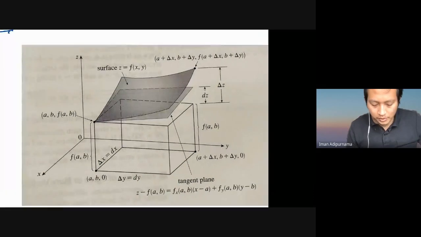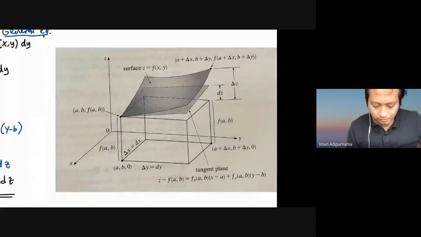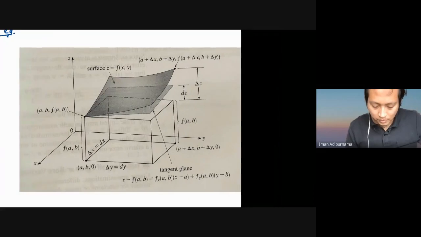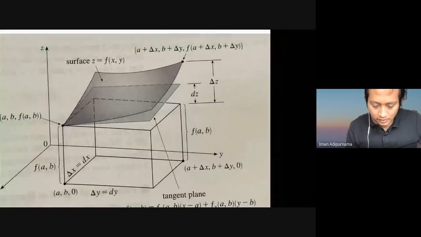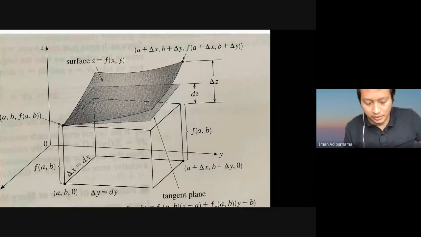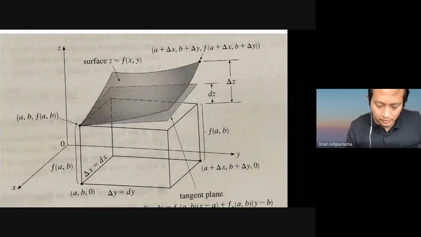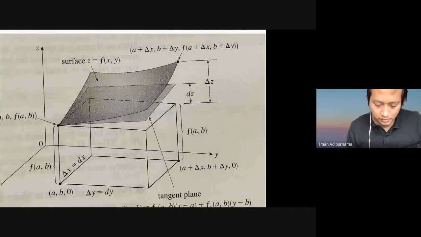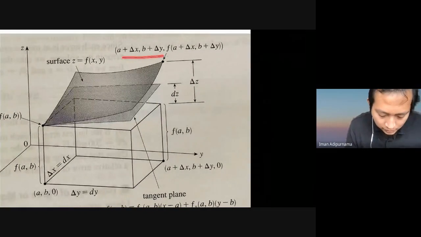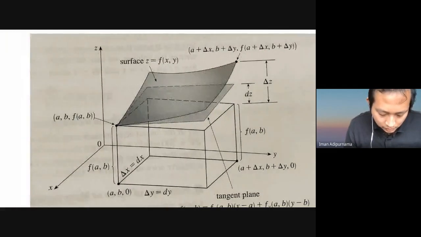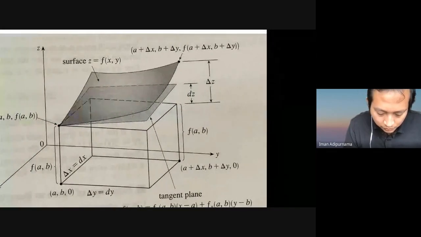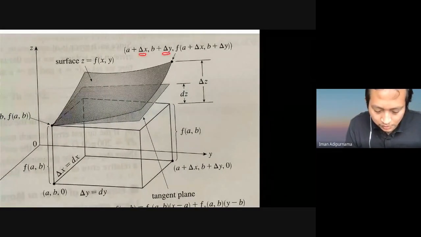Now, if we set up a height difference between all of this, the dz and the delta z, what is the difference? Delta z is the difference where, if you look at this point here, we have a difference of plus delta x and plus delta y.